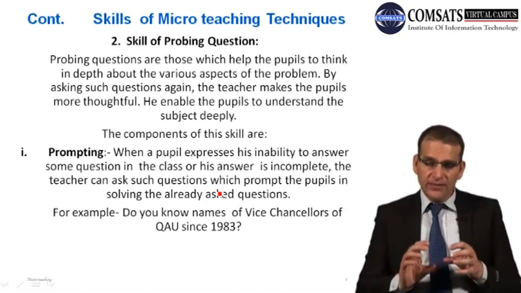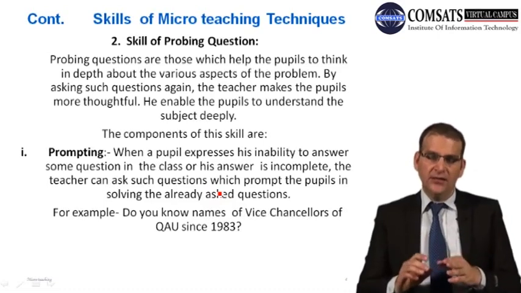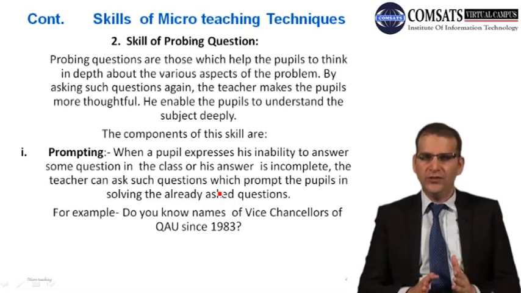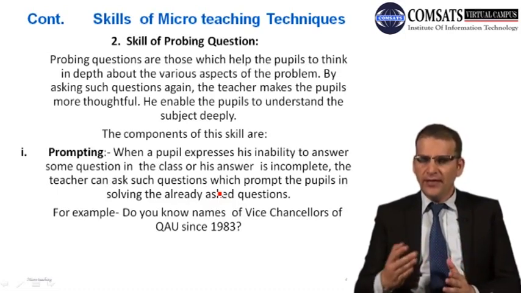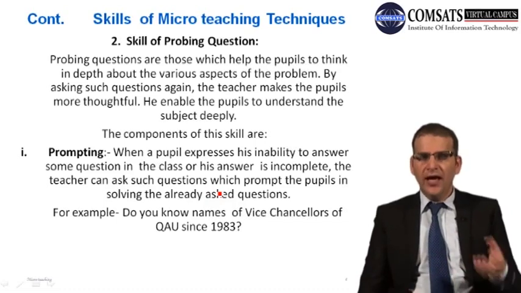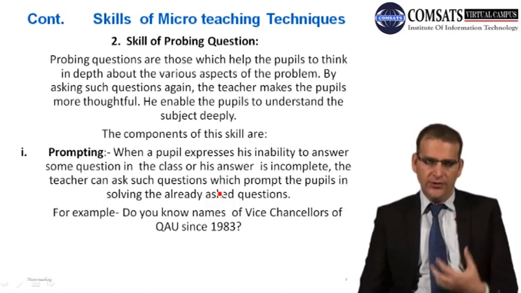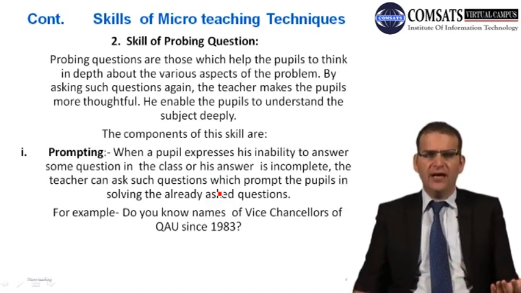Right? So with this prompting, if you are unable to get an answer to a question, my dear student, what do you do? You try to rephrase your question, and then maybe your rephrasing would help the learner to answer you. And naturally it happens in the class.